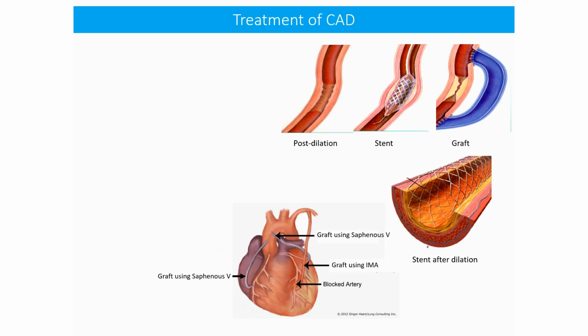Lastly, we come on to the treatment of coronary artery disease. First, the angina pectoris. This ailment is treated with the medicines only. Second group is the single vessel disease, where one vessel is involved, or two vessel disease, where two vessels are involved.